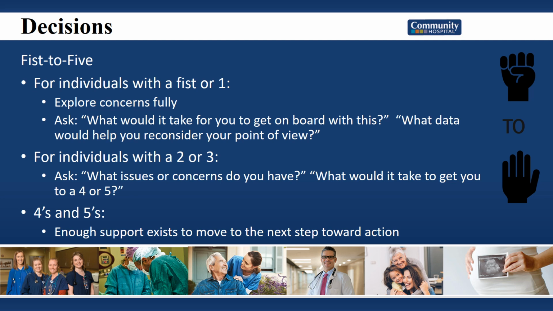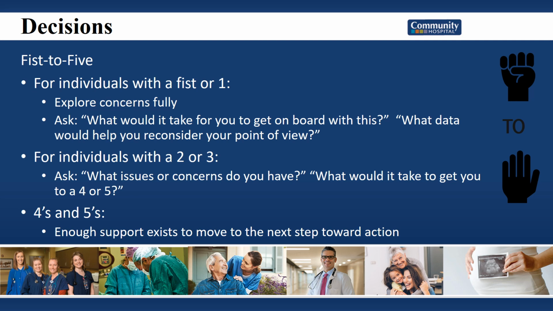Then have a conversation about what would it take for you to get on board with this? How can we look at the data to make sure that we are making the best decision? And would that help you reconsider your point of view? When you have someone who is a 2 or a 3, ask what concerns do you have? And then what would it take?